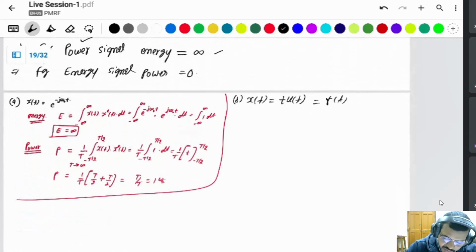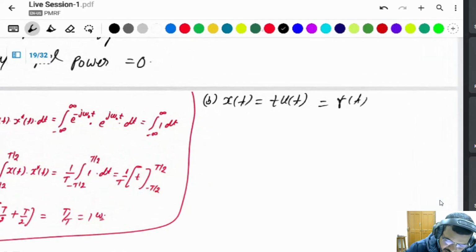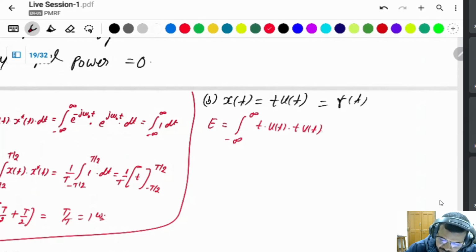First of all, calculate the energy of this signal: integral from minus infinity to infinity of t u(t) into t u(t). If you multiply u(t) by u(t), it is 1 into 1, equal to 1 only. That's why this will be t squared into u(t).